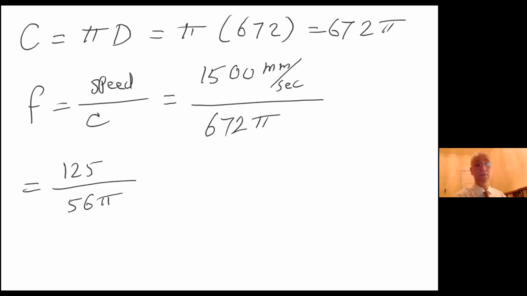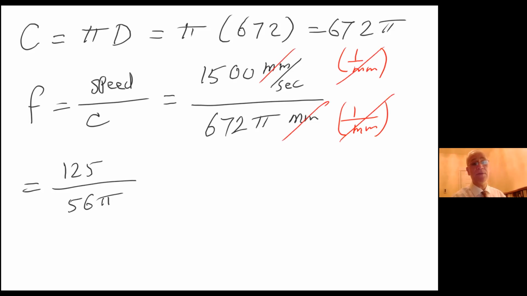If you're concerned with the units, remember that the circumference was in millimeters. So if I multiply top and bottom of this by 1 over millimeter, notice that this totally cancels, and I'm left with 1 over second, which is hertz. Okay. So 125 over 56 pi is my frequency.